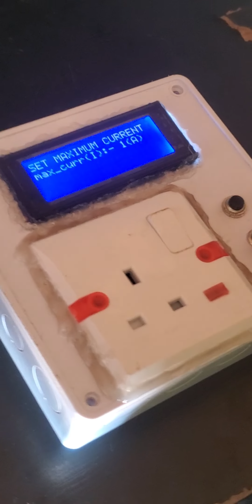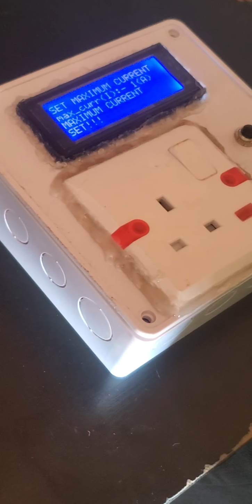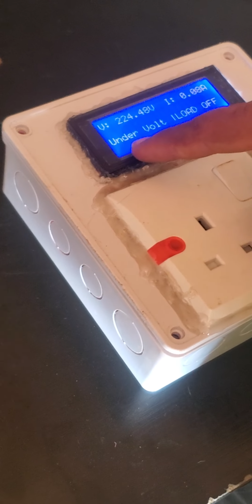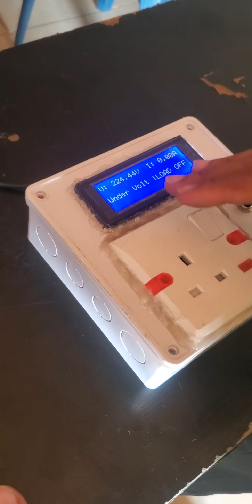So let's leave our current at 1 amp. You can see what it is reporting on the voltage. Why is that? It's because our minimum set voltage is higher than the input voltage. So it is under voltage.